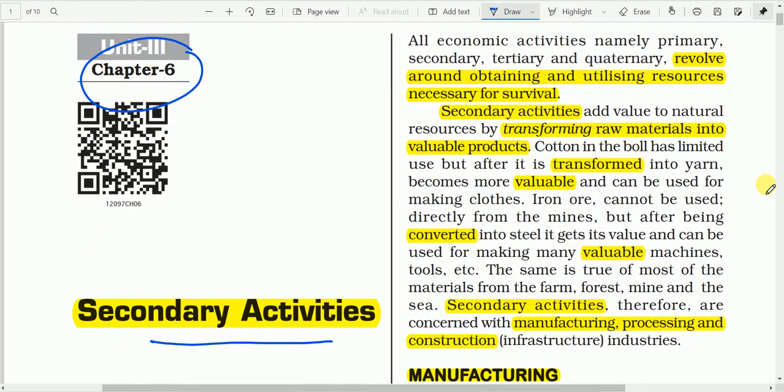You know, all the economic activities, maybe primary, secondary, tertiary, or quaternary, revolve around obtaining and utilizing resources necessary for our survival and for economic development.